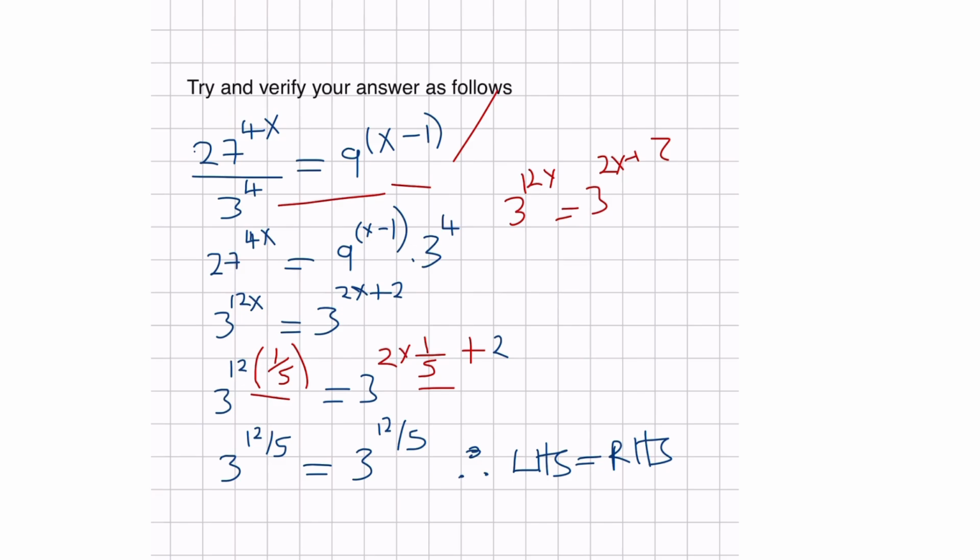Our common denominator is 5. We're going to get 2 plus 10, which is equal to 12 over 5. So 12 over 5 here is equal to 12 over 5 here, and our base is similar. Therefore, it means that x is indeed equal to 1 over 5.